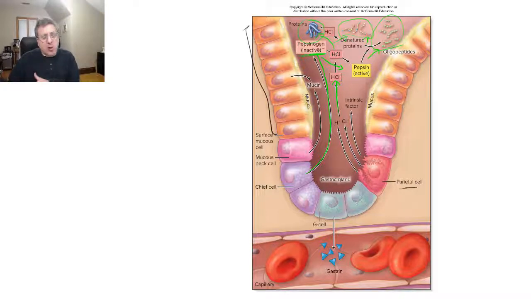And the G cells way at the bottom, as you can see, those gastric secretions are going in the opposite direction. Everything else is going up into the lumen. The G cells, or gastrin, gets into the bloodstream, and then that controls the other functions. So those are the different secretions of your stomach. So stay tuned for the next one.